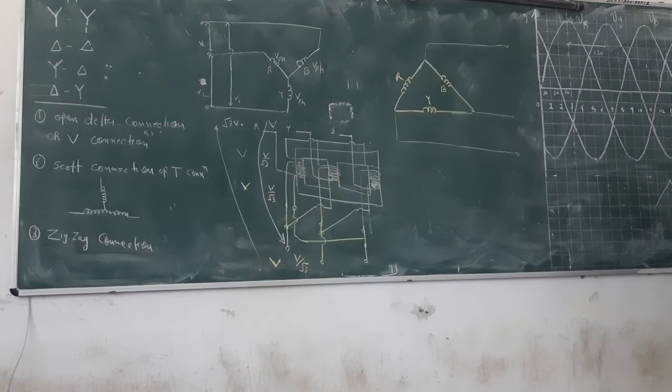But there will also be a 30-degree phase shift. Okay? And for this 30-degree phase shift, what it will do, you cannot understand right now, but you have gone through the laboratory, where you saw how current lags or leads inside the inductor and inside the capacitor. Okay, so that lag and lead phenomenon comes into this picture.